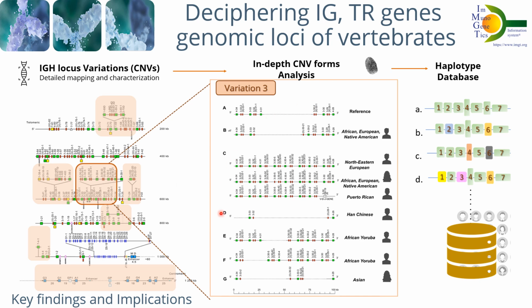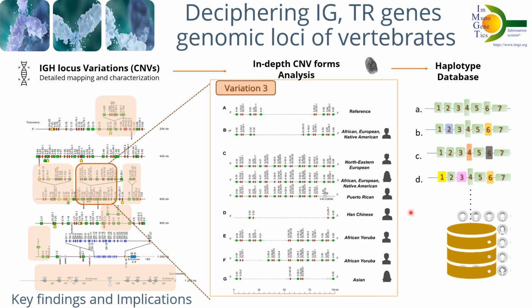In the center of the slide, we zoom in on the third CNV form, and what we are having a look at is that there are several individuals from different geographic origins that represent different human populations, and we look at the different forms of the CNVs.